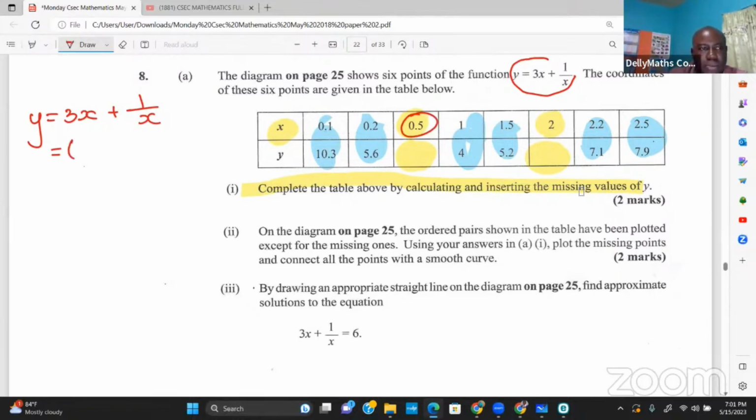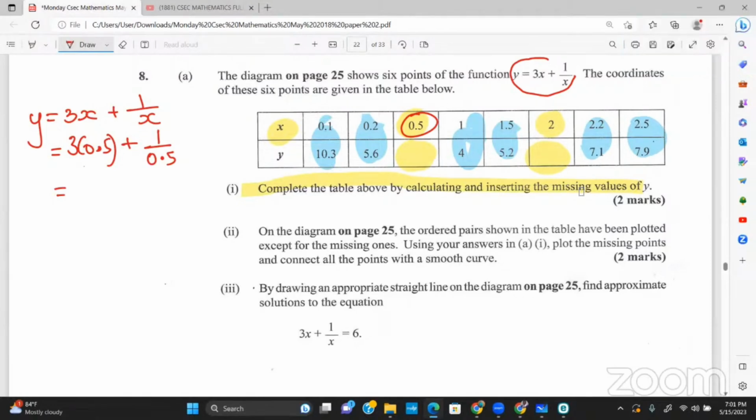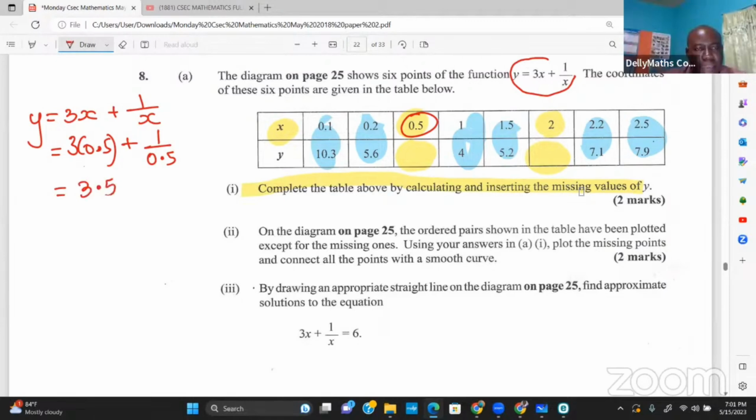So 3 times a half plus 1 over a half. Put that on. What do you get? 3.5. 1.5 plus 2 will give me 3.5.